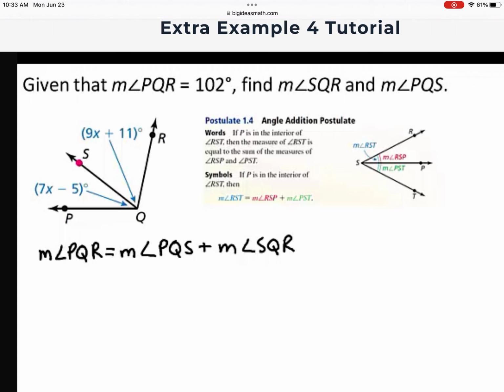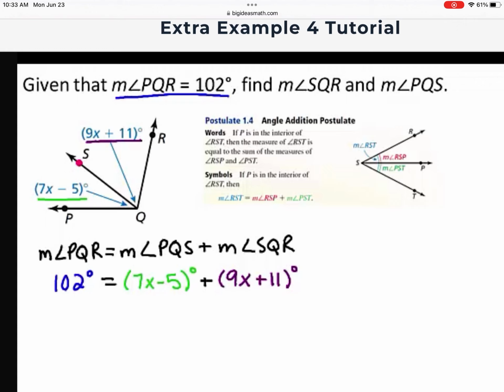In this problem, you are told that the measure of angle PQR is 102 degrees. Also, from the given diagram, you know that the measure of angle PQS is 7x minus 5 degrees, and the measure of angle SQR is 9x plus 11 degrees.